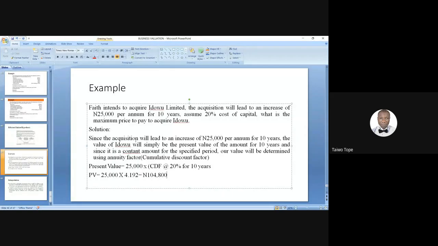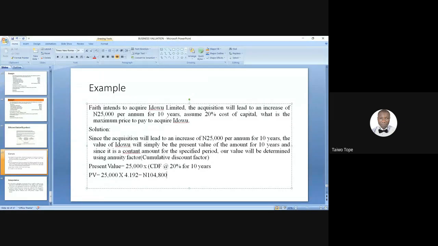It means that if the question is telling you that in year 1, this will be the profit, in year 2, this will be the profit, what we've done here will not hold water. We'll have to present it in a table and see what will be the discount factor for each of the years. Then we solve and get our present value.